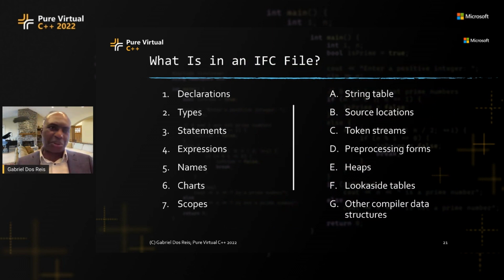So what do you find in an IFC file? Well, you have declarations, types, statements, expressions, names, everything that you see in C++, right? And then when you double click on those general categories, you see that you also need to be able to represent strings, lower-level source locations, because you need this kind of mapping between input source file and the semantic representation. You need token streams, because guess what? You have attributes and a bunch of other stuff that are just token streams.